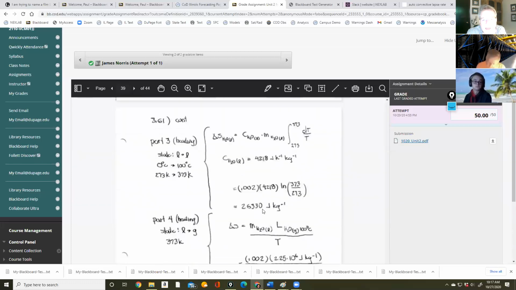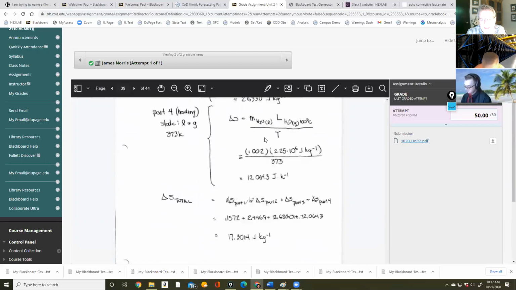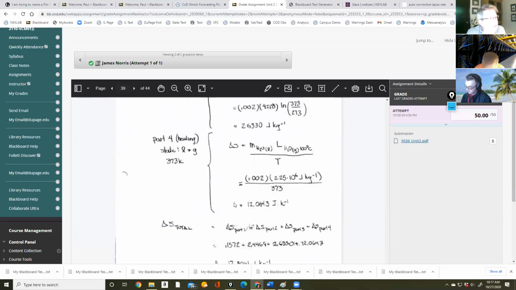Over here, now you're going to go from 0 to 100. Now you're taking water and heating it to the boiling point. And now you get 2.6. It's a lot of heat going into there to make that temperature go up. And then when I go from liquid to vapor, look at the entropy increase.